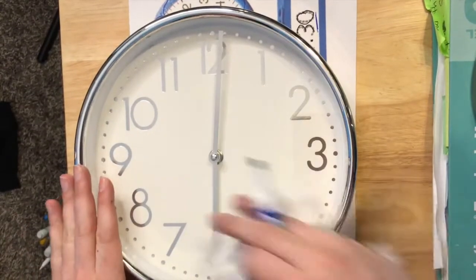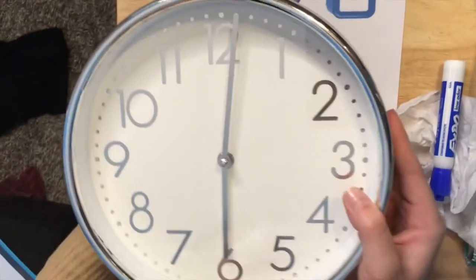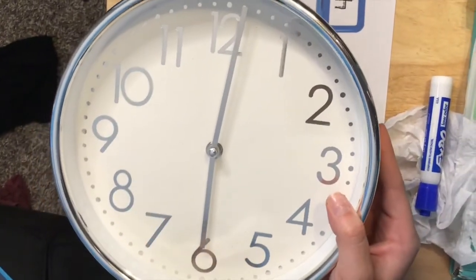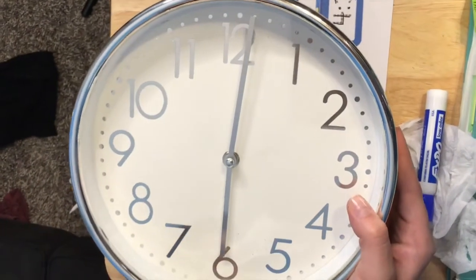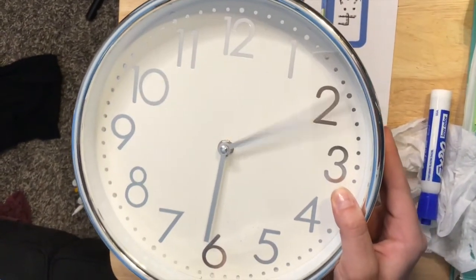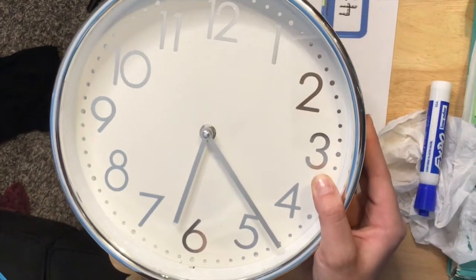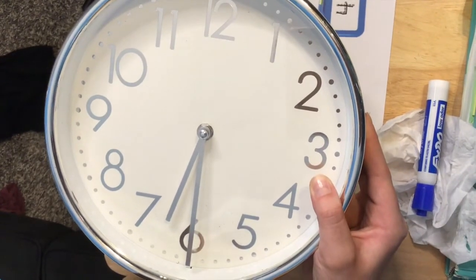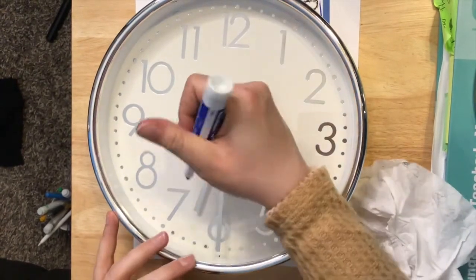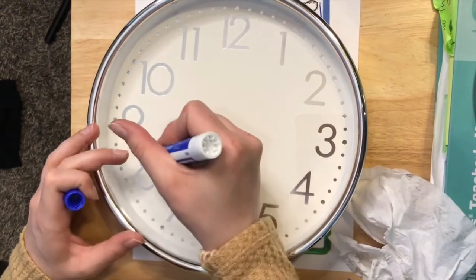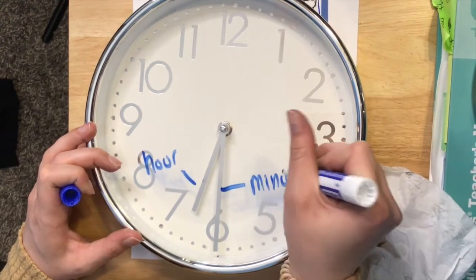So now I want to show you what happens as that continues to move around the clock. I'm going to move this to 6:30. And you see as I'm moving this, that shorthand is also moving. So now we have 6:30. Looking at this, we see that the shorthand tells us the hour, and the longhand tells us the minutes.